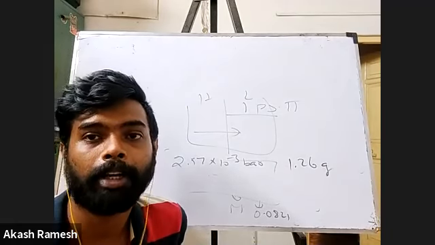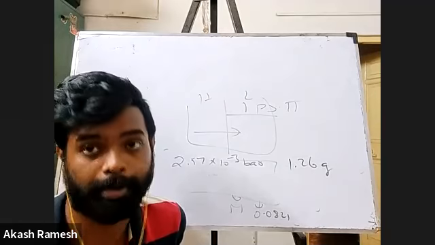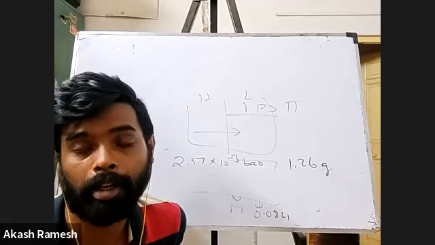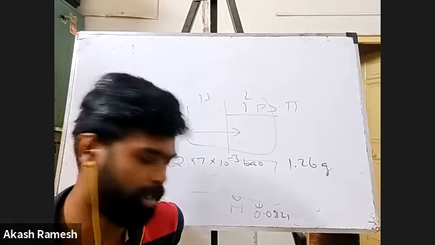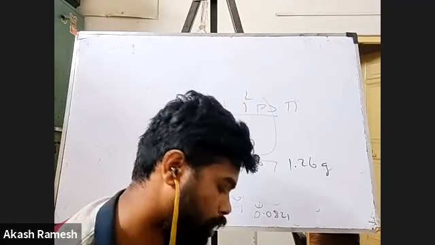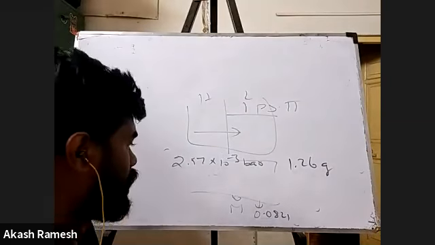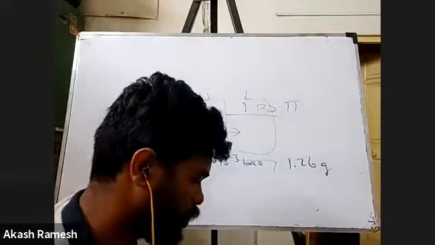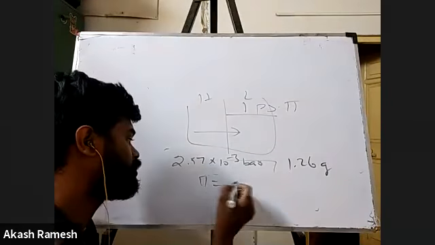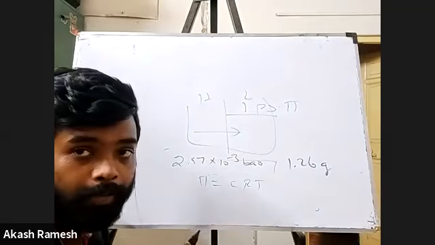Again, remember, osmotic pressure can be measured with a lot of instruments. You don't have to go into the details. Now, guys, I just wanted to tell you one thing. This pi is equal to CRT.